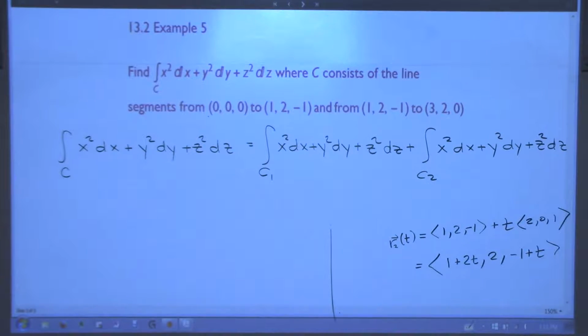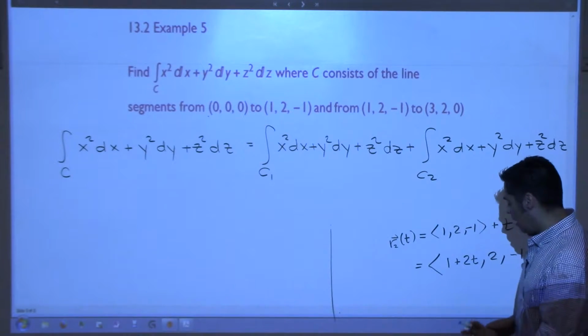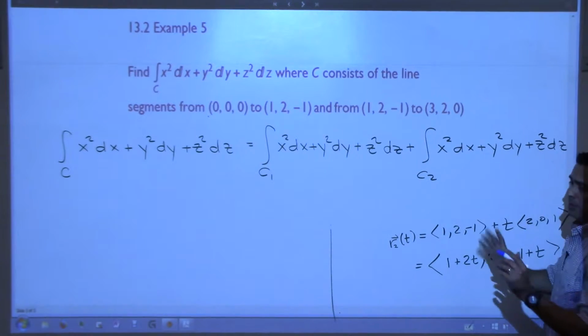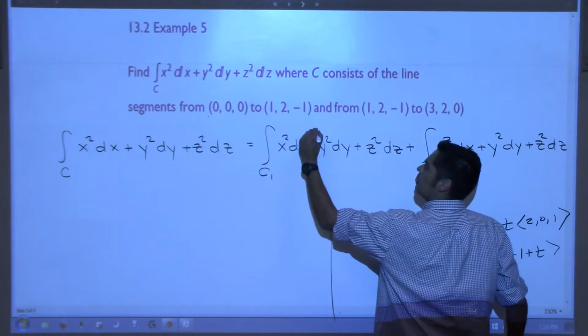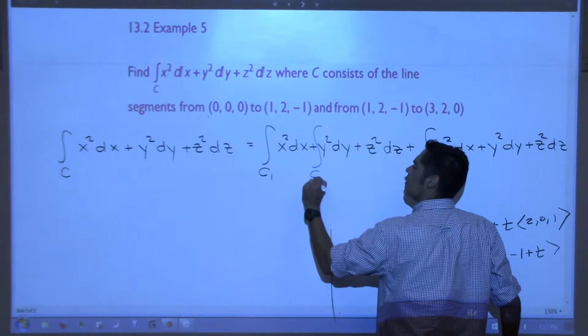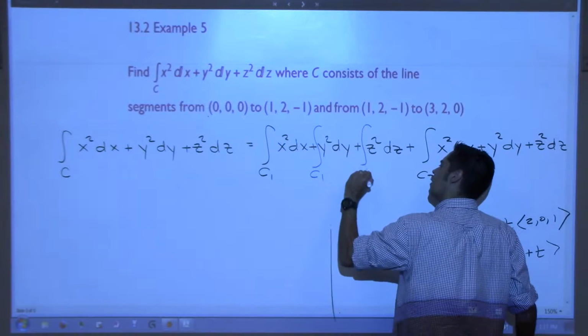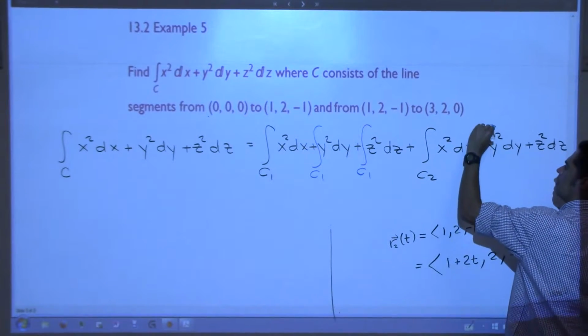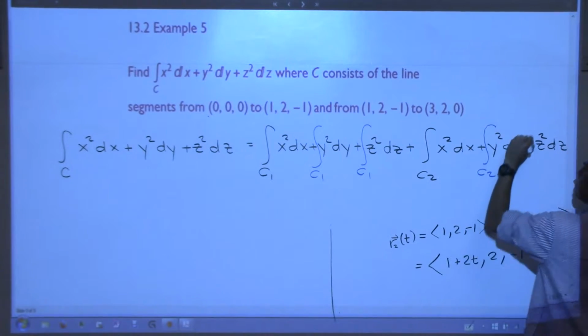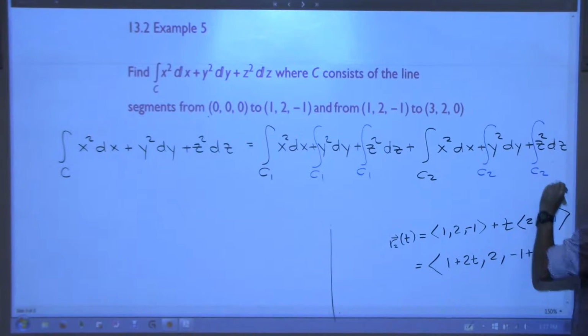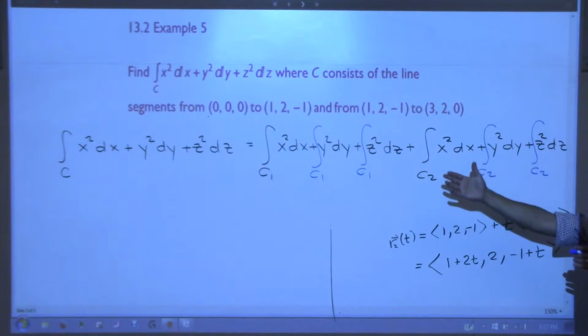Questions? So I'm splitting up C into its two pieces. Now I need to actually figure out what each of these pieces are. Is this allowed? Tell me if this is fair. Yes, that's the property I just showed you before.